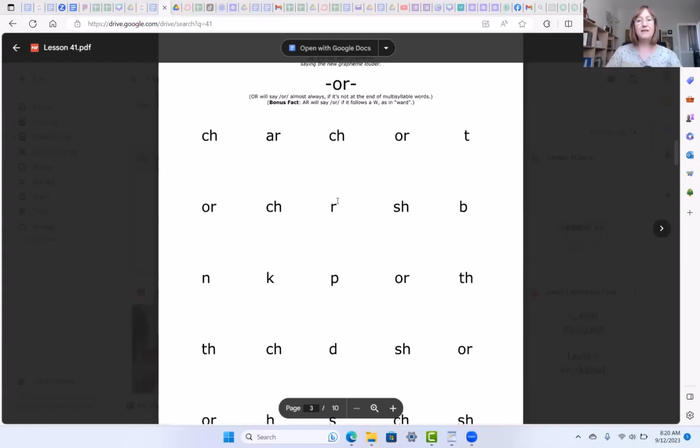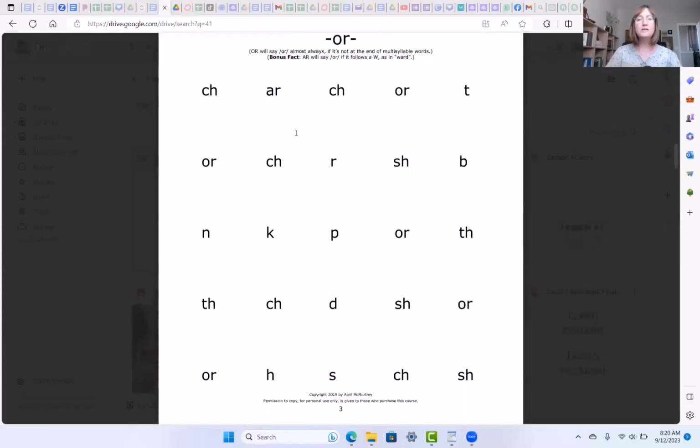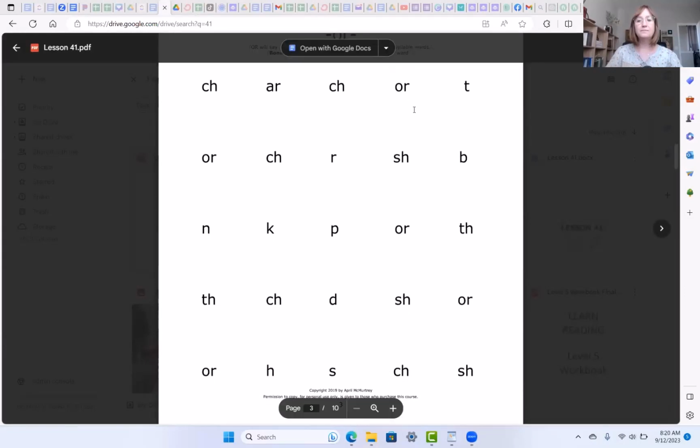You don't have to worry about that now. For today on this page, I want you to practice the or sound when you see that OR.